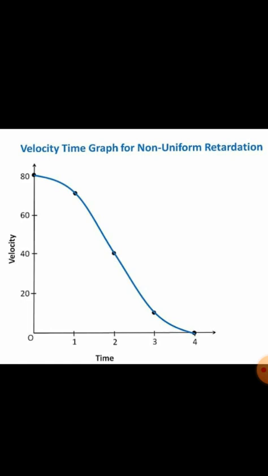With this knowledge of velocity time graph, we are going to derive certain equations relating u, initial velocity, v, final velocity, t, the time, a, acceleration, and s, distance. We are going to derive few equations which relate these terms in our next module.